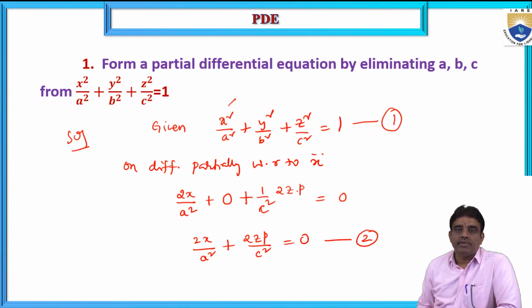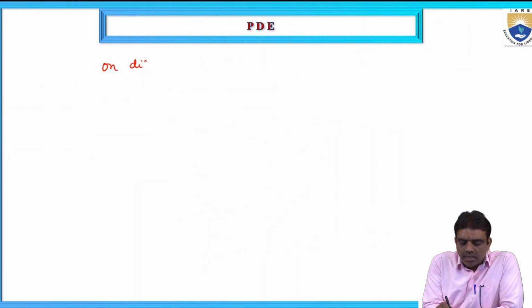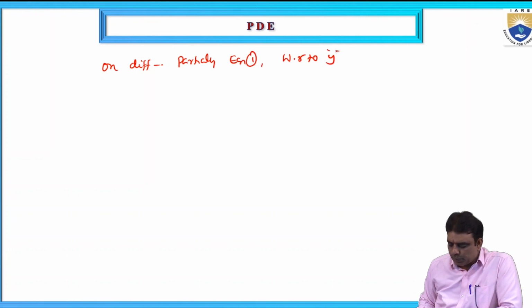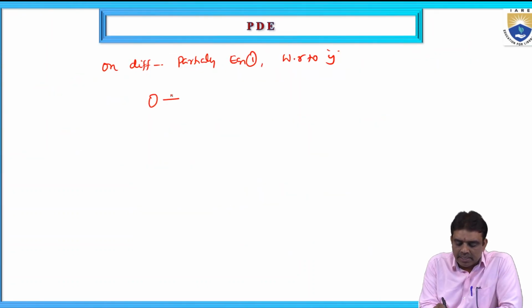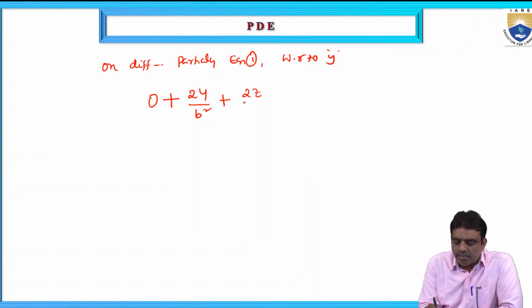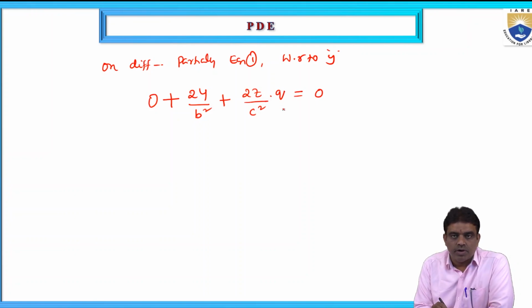Similarly, differentiate equation 1 partially with respect to y. With respect to y, the first term, x square by a square, will be 0, and for y square by b square we will get 2y by b square, plus 2z by c square into dou z by dou y, which is denoted by q, so 2z by c square into q is equal to 0.